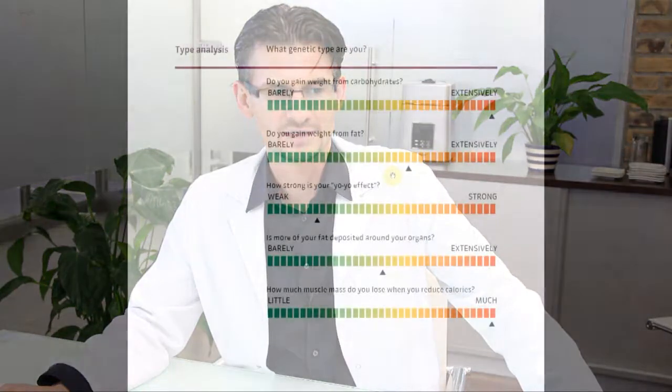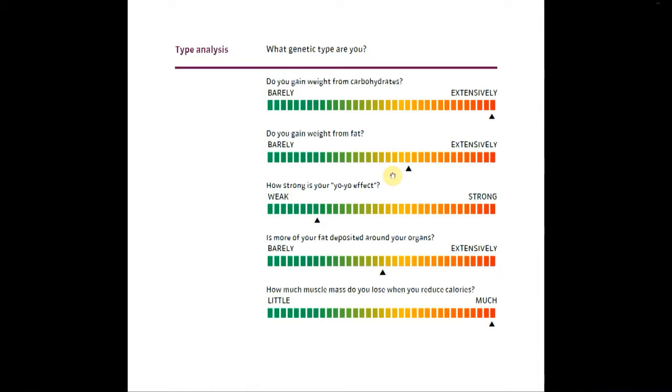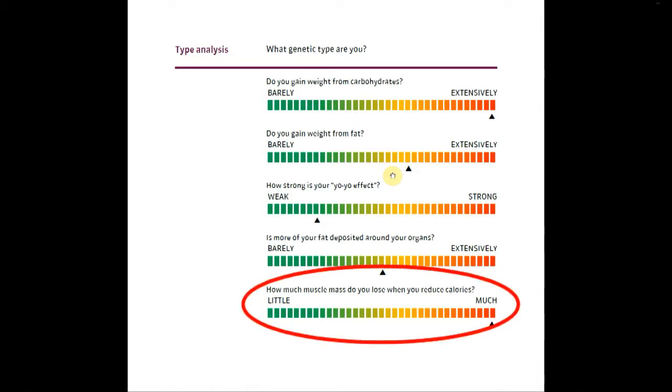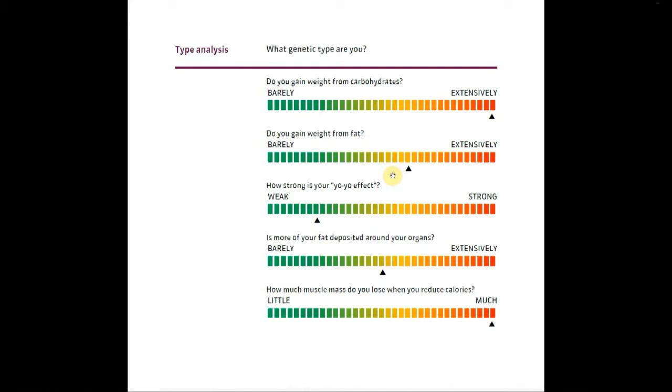All right, and then the question, how much muscle mass do you lose when you reduce calories? Now, to explain this, I need to tell you actually a sad story. In the US, there was a prison where prisoners decided to go on hunger strike. And it was a number of prisoners, so some of them were obese, overweight, others were normal weight.